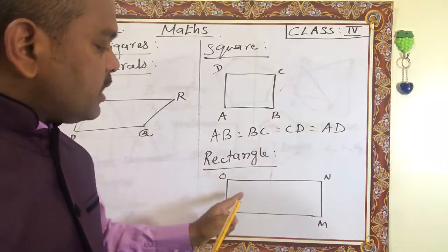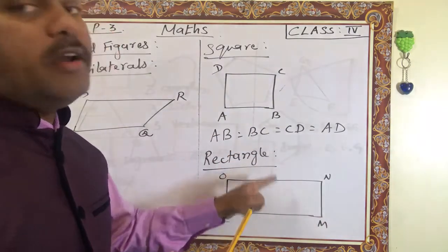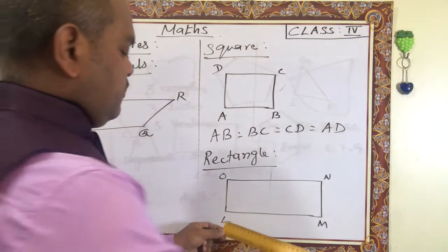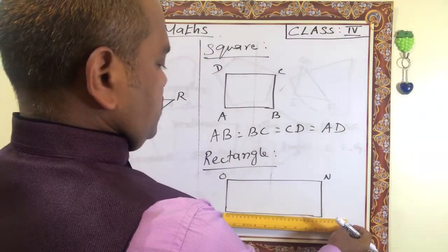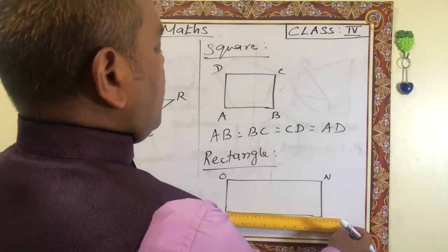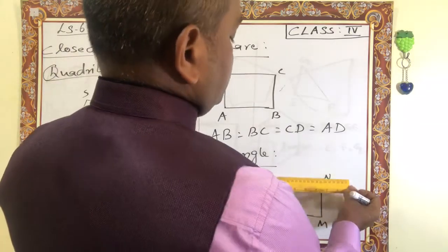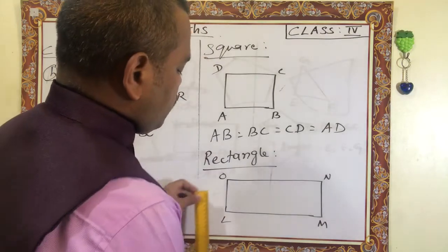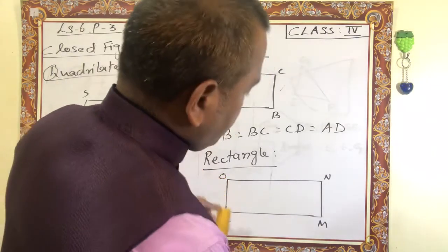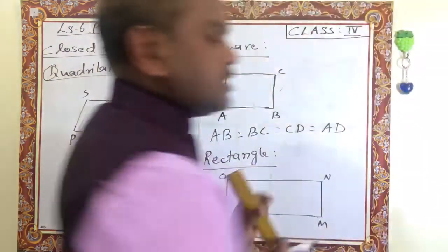But in a rectangle, opposite sides are equal. If this LM is 25 centimeter, it means the opposite side also is 25 centimeter. If LO is 8 centimeter, it means the opposite side also is 8 centimeter.